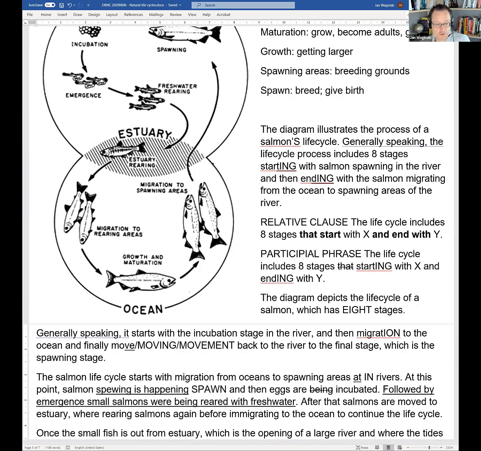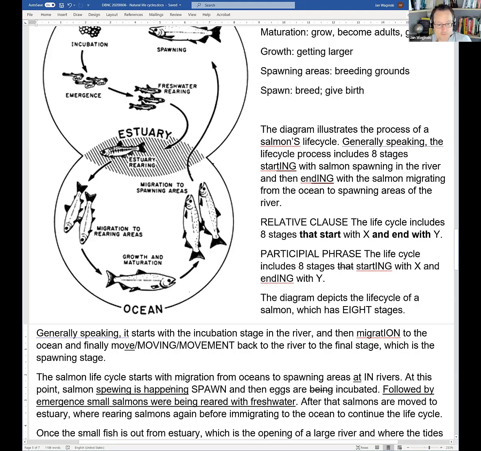Like hatch? Yeah, hatch or come out. If you let your kids play in the basement, you can say, "Oh my God, I haven't seen you all day." The kids have finally emerged from the basement. Okay. Like they appear for the first time? Yeah.